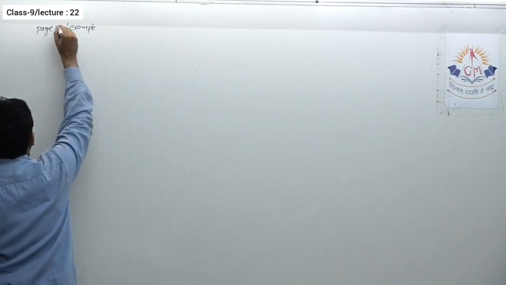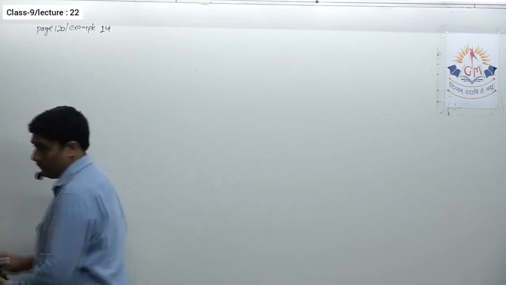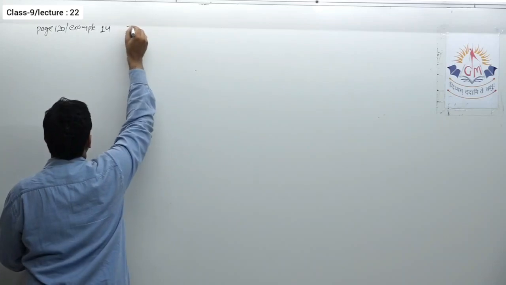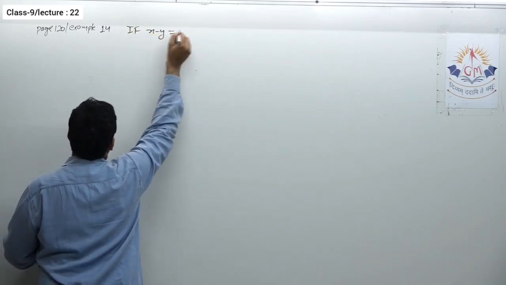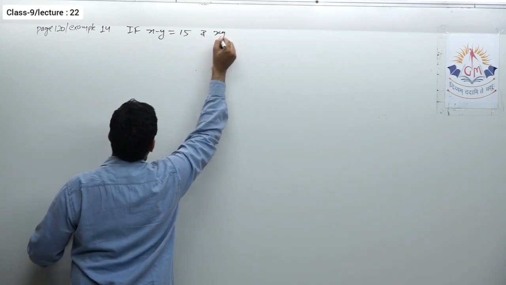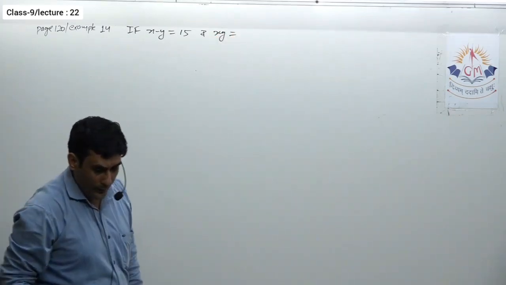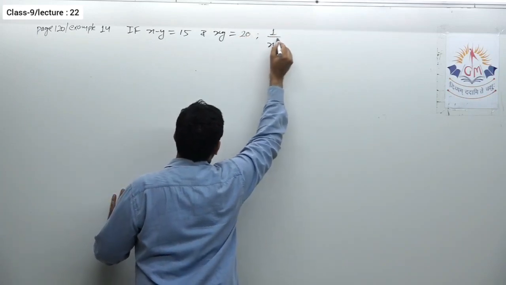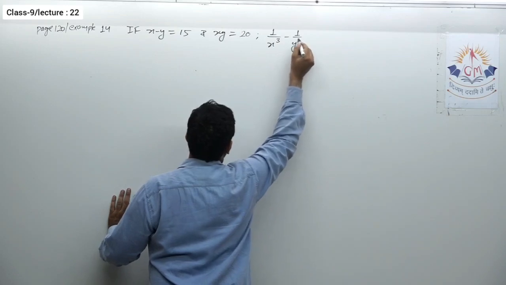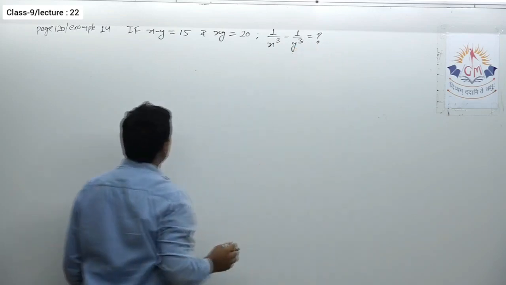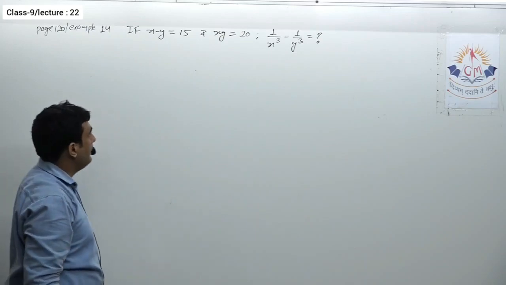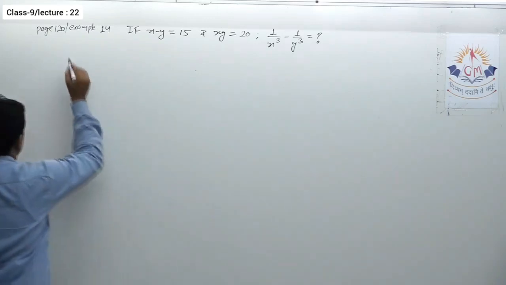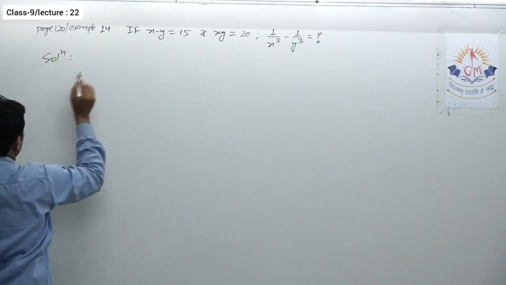The question is, if x minus y is equal to 15 and xy is equal to 20, then we have to find the value of 1 upon x cube minus 1 upon y cube. So let us see how to solve this.